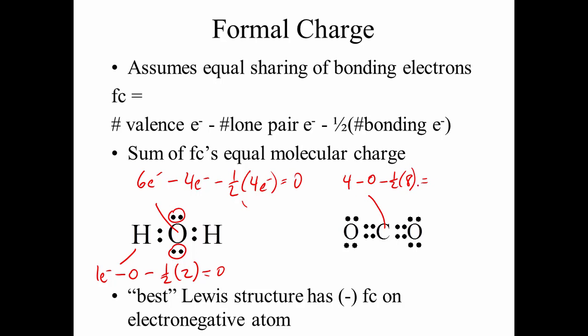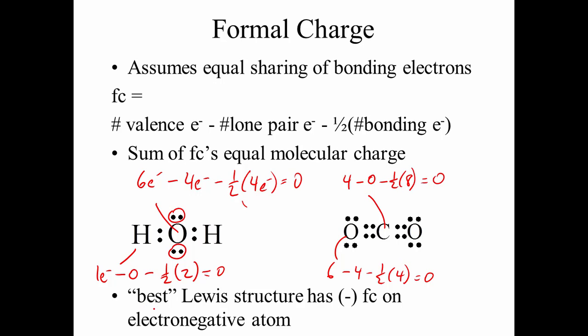So 4 minus half of 8 is 0. Oxygen here, again, oxygen has 6 valence electrons. There are 4 lone pair electrons and 4 bonding electrons. And so the formal charge on oxygen in carbon dioxide is also 0.